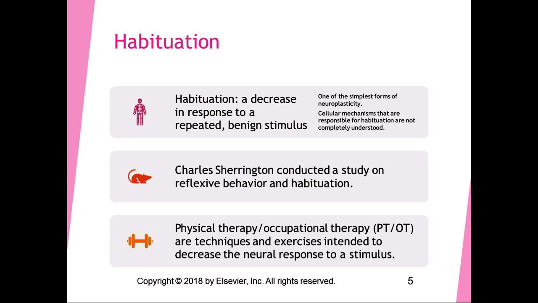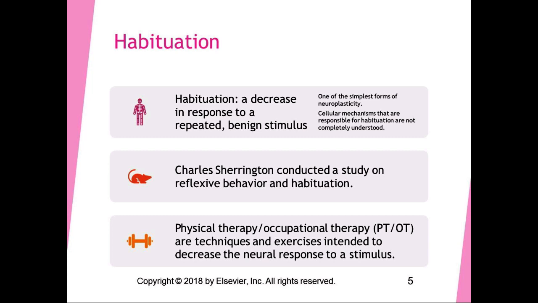So physical therapy and occupational therapy often use techniques and exercises intended to decrease the neural response to a stimulus. So sometimes we're doing habituation, we're trying to diminish the sensory response to an injured area. After an injury, the nerves in the area are hypersensitive.